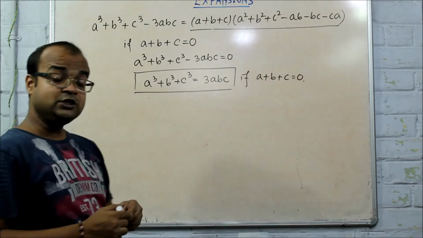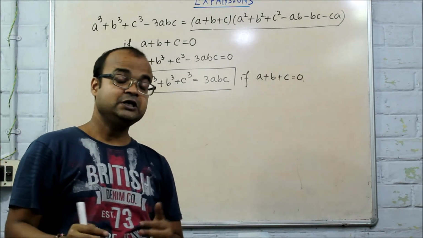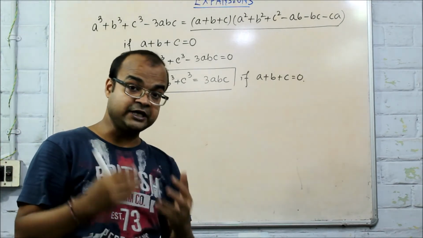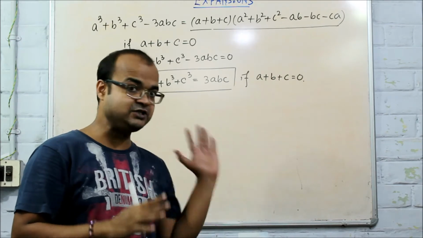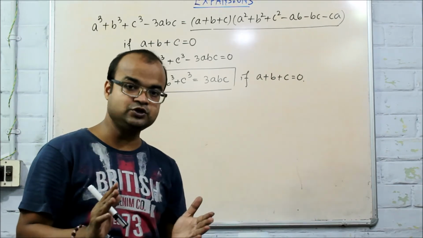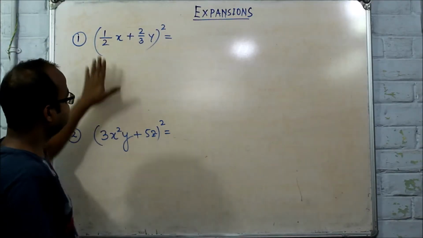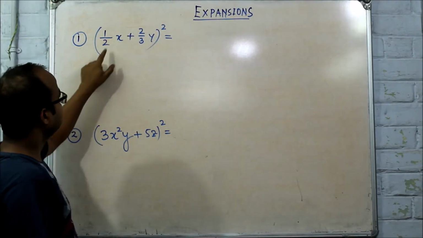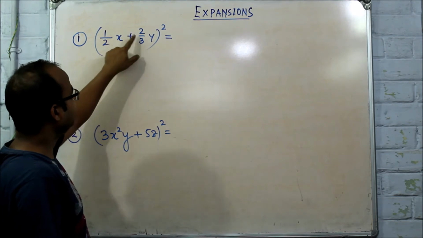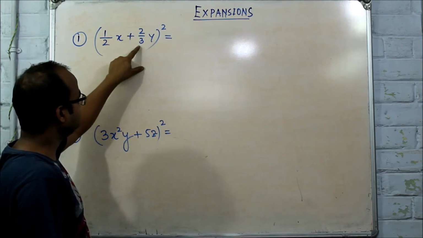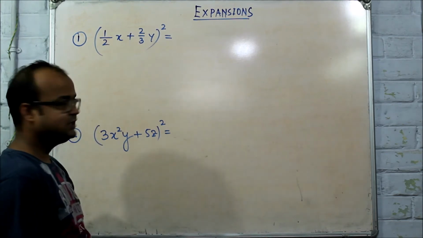So, these are all the formulas we are going to use. Now, I'll take a few sums based on these formulas and teach you how to apply them. Let us discuss these two problems. The first is 1 by 2x plus 2 by 3 into y, whole square.